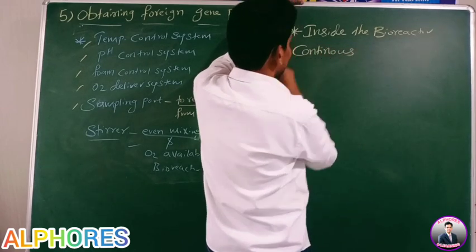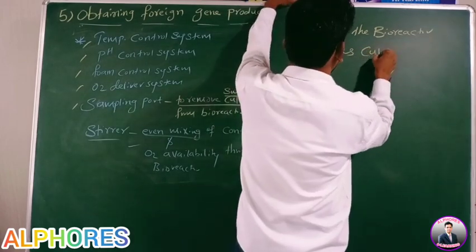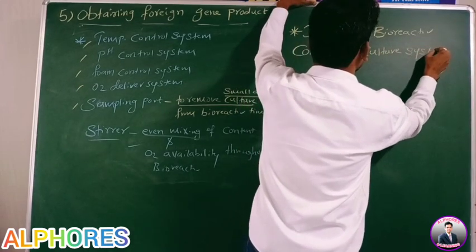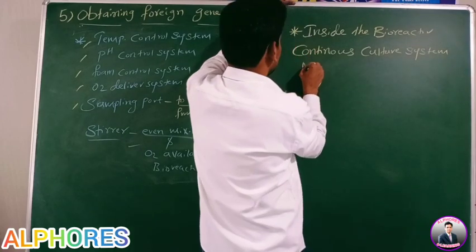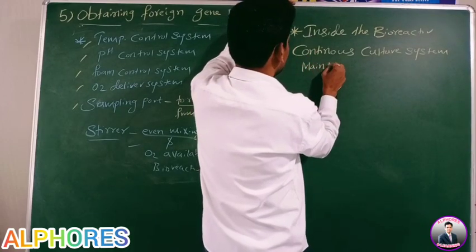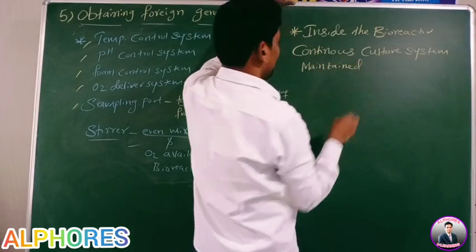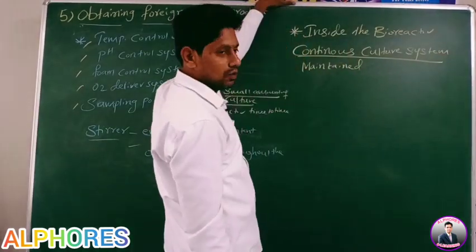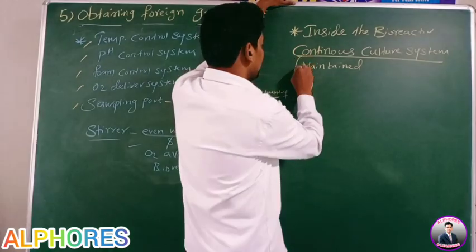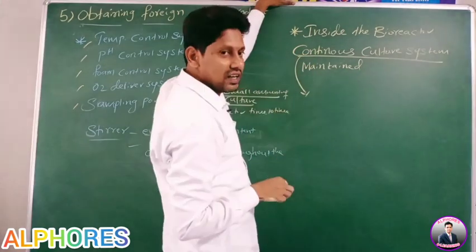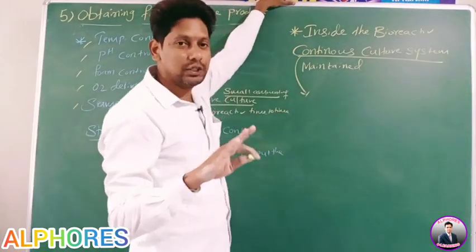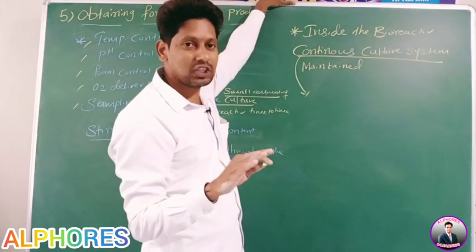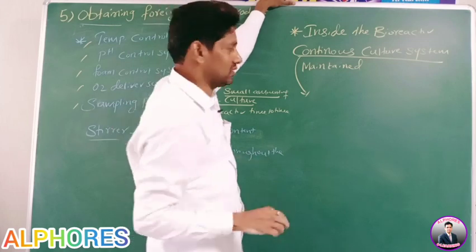We can call it a continuous culture system. Continuous culture system is maintained inside the bioreactor. Sir, how is the continuous culture system maintained, sir? By removing the used up nutrient medium and by introducing the fresh nutrient medium into the bioreactor.